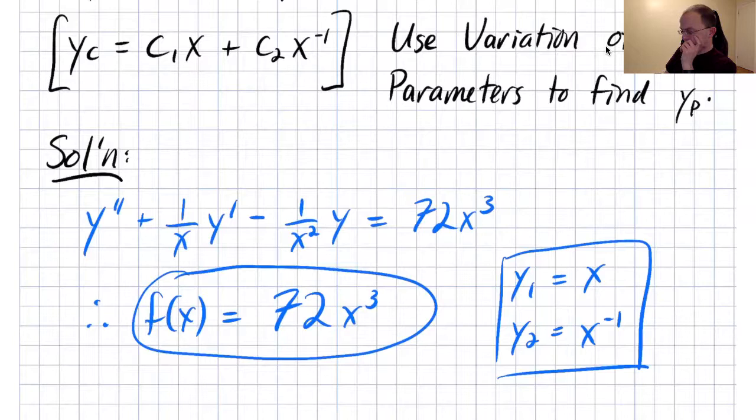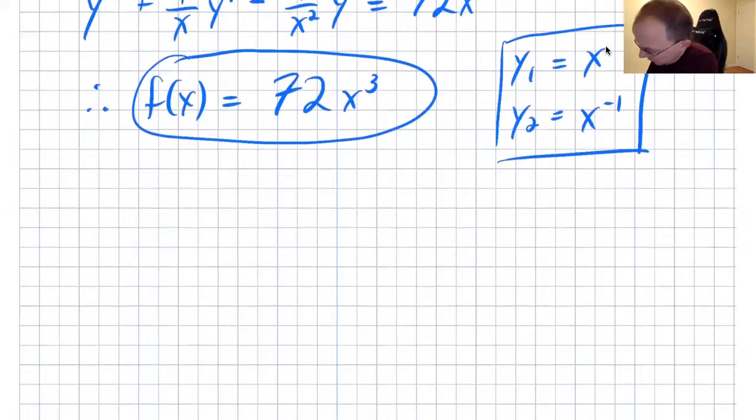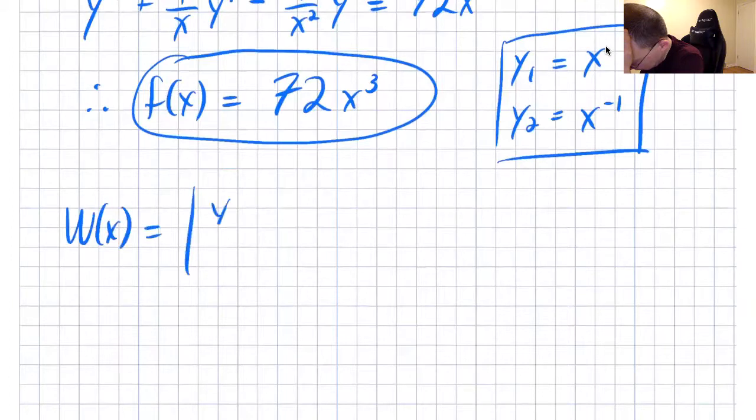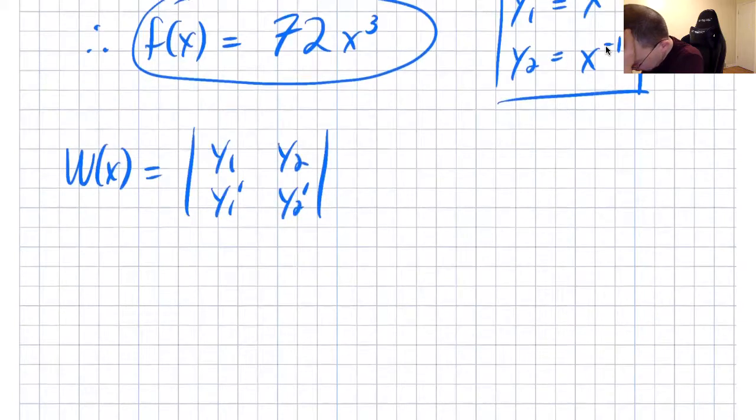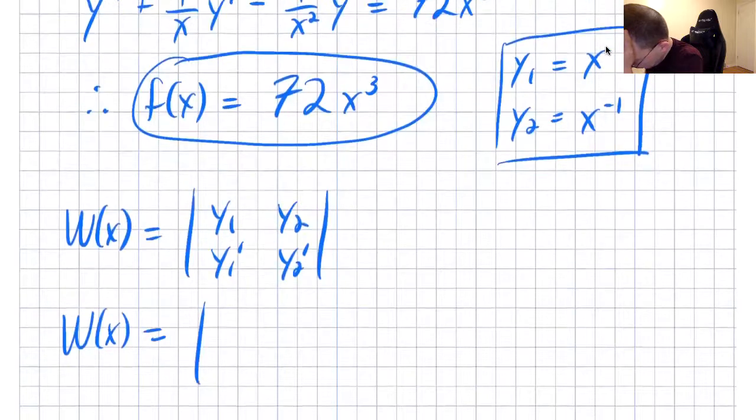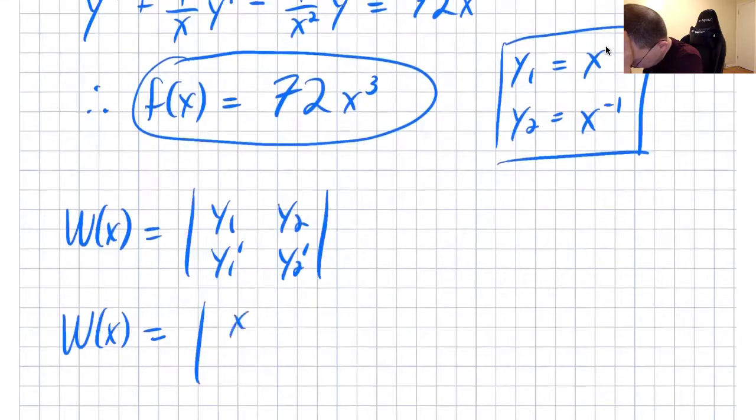I guess we compute the Wronskian, right? We compute the Wronskian, and then we figure out what u1 and u2 are. So this method is actually not that complicated. So let's compute the Wronskian. So the Wronskian is y1, y2, y1 prime, y2 prime. Wronskian, x inverse, derivative.